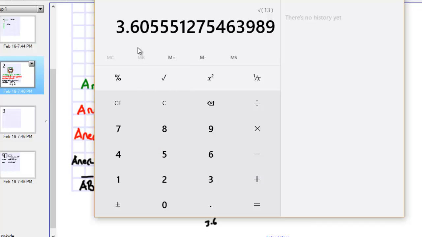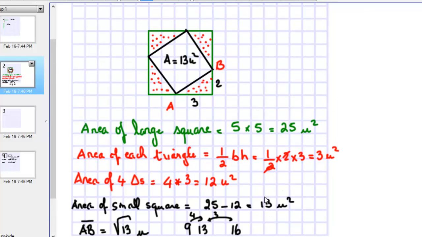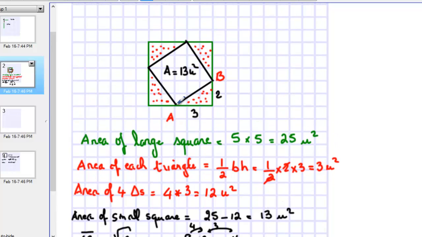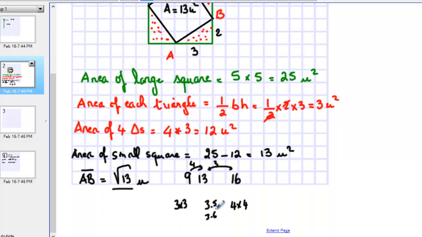Square root of 13 is 3.6, as we said here. Someone now will ask me, wow, before I was thinking that I can count 1, 2, and 3 and say this is 3. No, as you can see, AB is not 3, it's more than 3. And actually the answer is 3.6 because it's square root of 13.